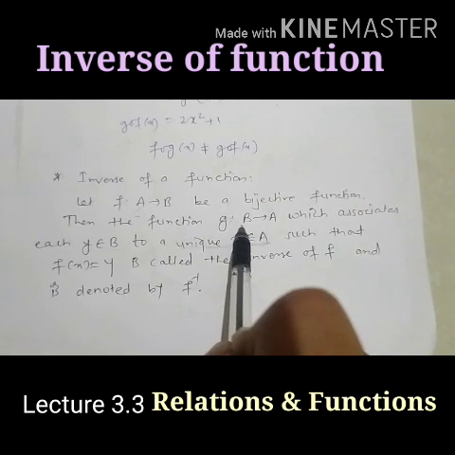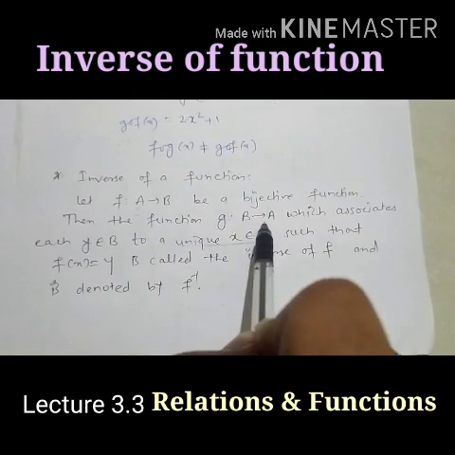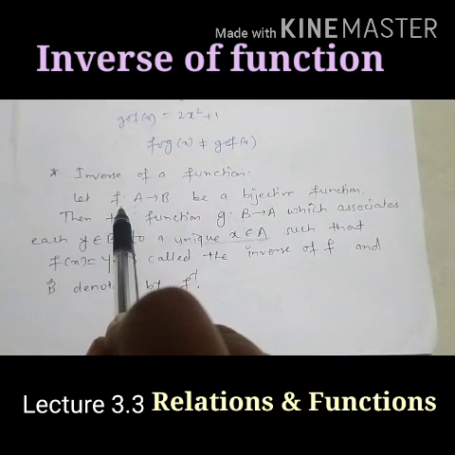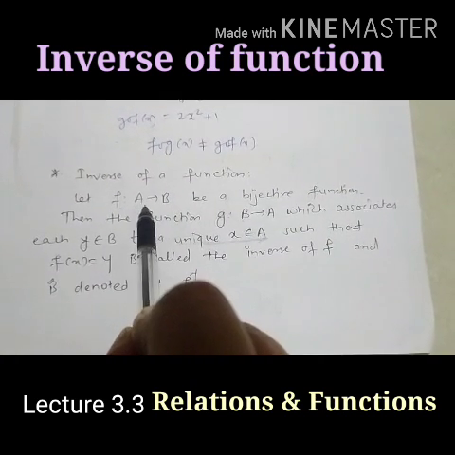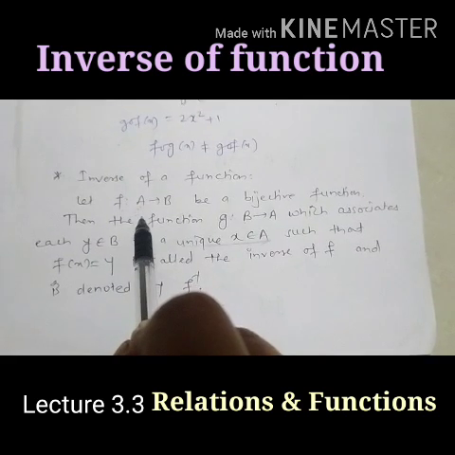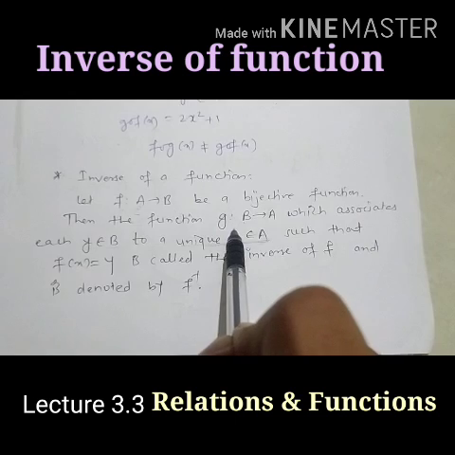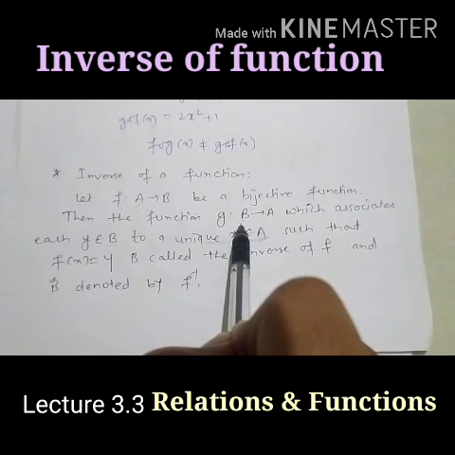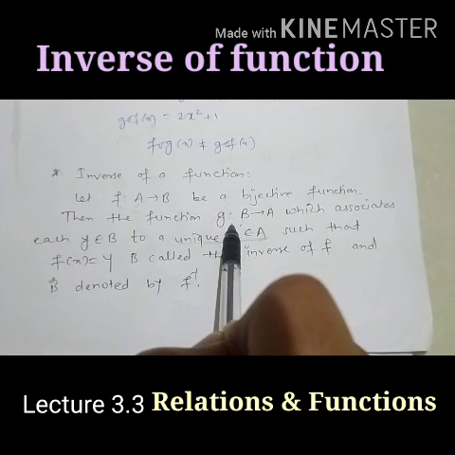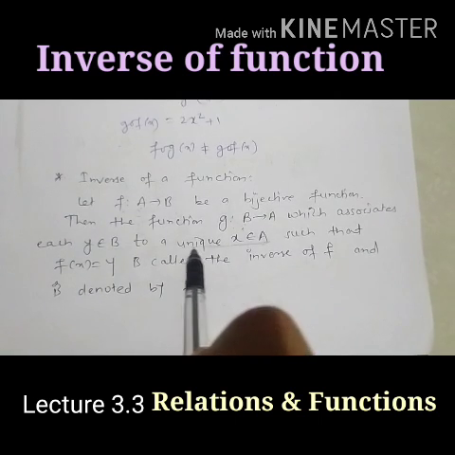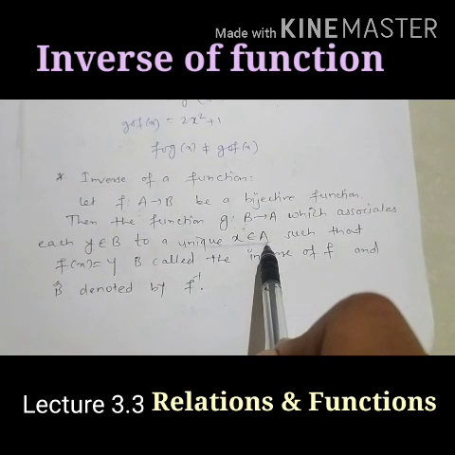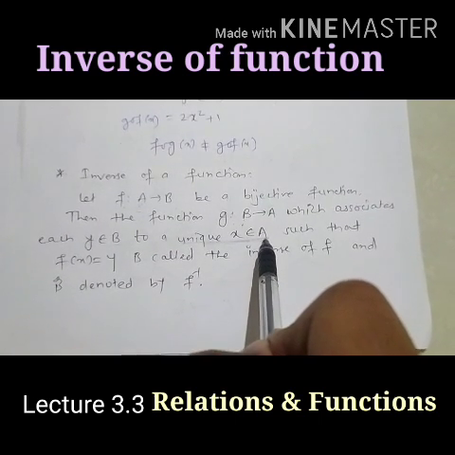Getting? Now clearly g will be onto, because here we have defined f as a function, so all elements are having a unique image in B. So clearly all elements are having a unique pre-image in the g function, so it is clearly onto, and from this statement we have defined it as a 1-1 function.